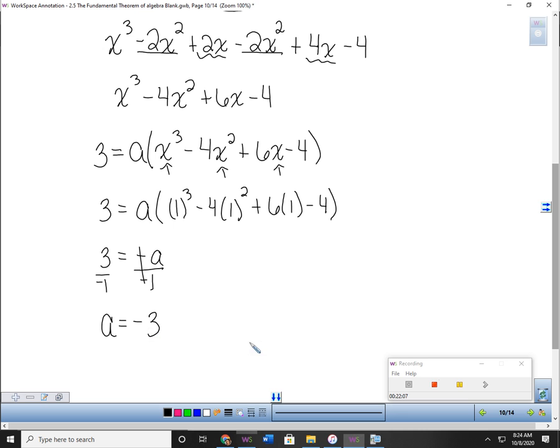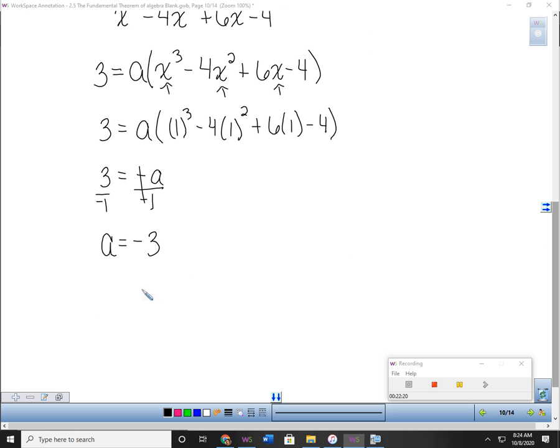So I just figured out that in this equation, if I want to plug in a 1 and get 3 as an answer, then I'm going to have to adjust my equation and multiply everything by negative 3. So I'm going to take the negative 3 and multiply it times every term in my equation.